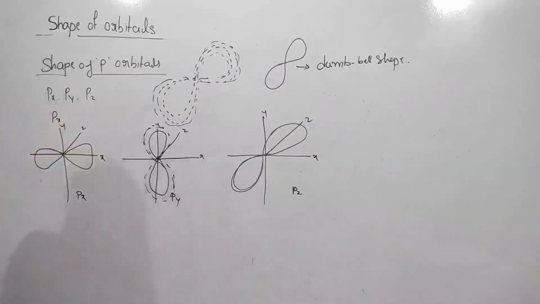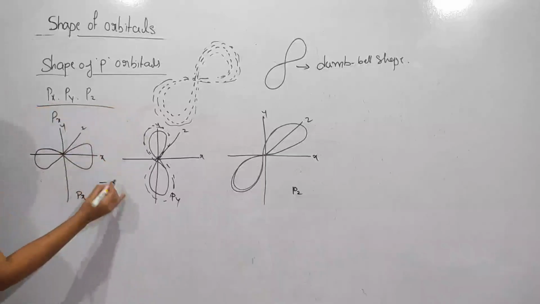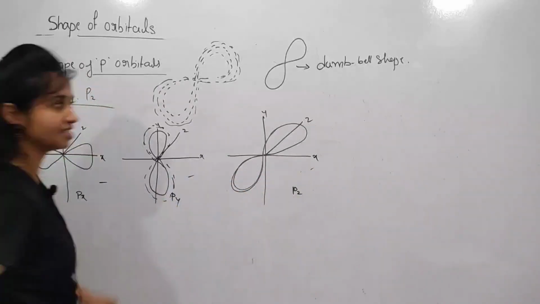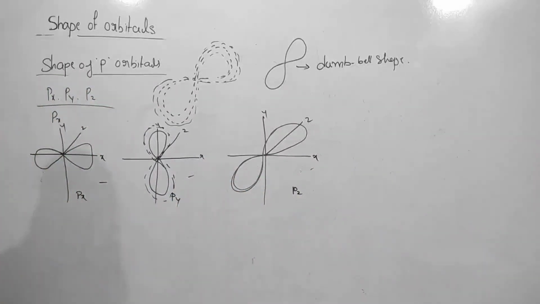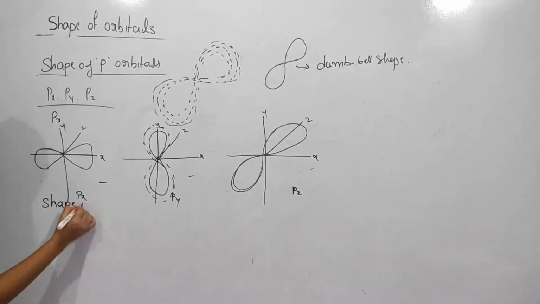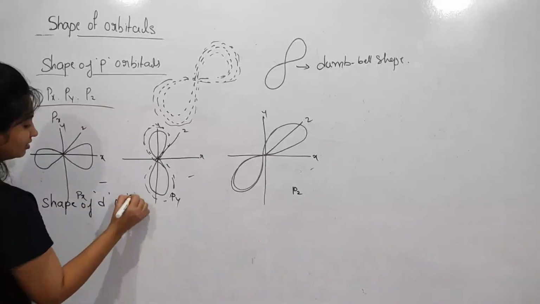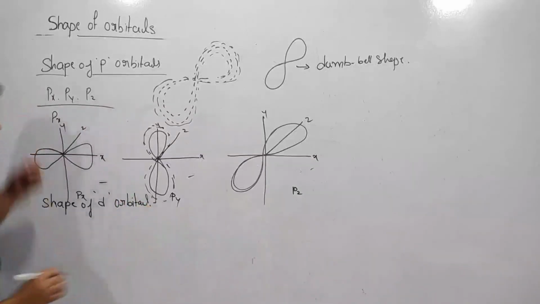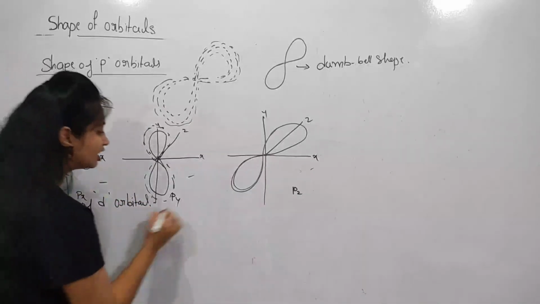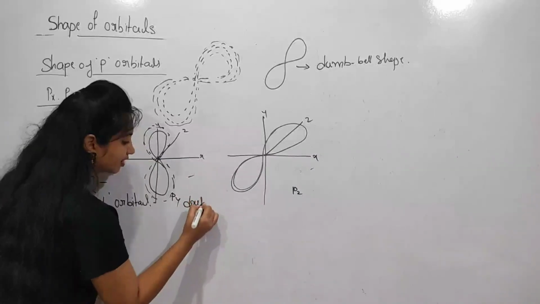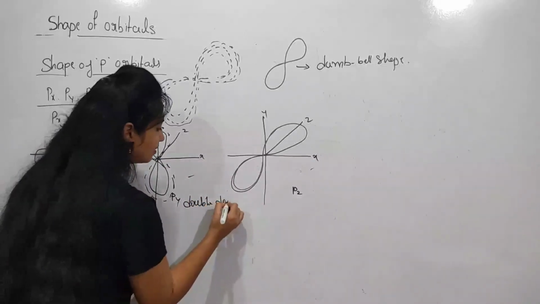So this is all about the shape of p orbitals. We have 3 p orbitals: px, py and pz. Next we move to the shape of the d orbital. The d orbital is double dumbbell in shape.